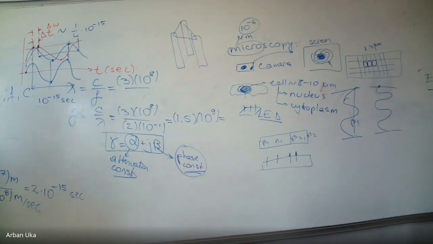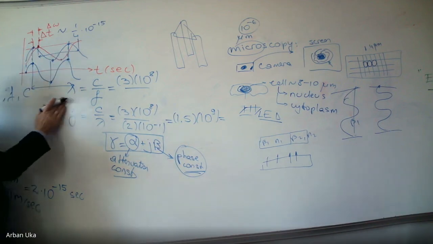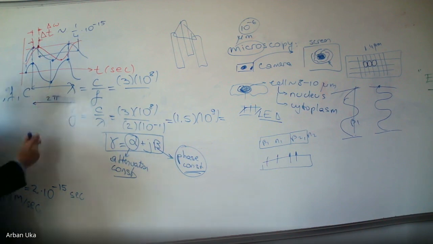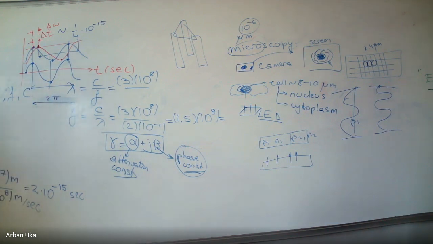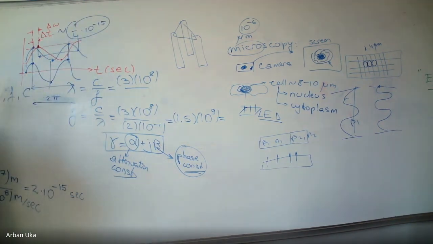Another interesting parameter that we can try to extract from here is how much the phase difference is. Now, a change from peak to peak in the phase space, in phasor, is 2 pi radian. So this is 2 pi. And then, how many radians are we shifting if it is a quarter of a femtosecond?